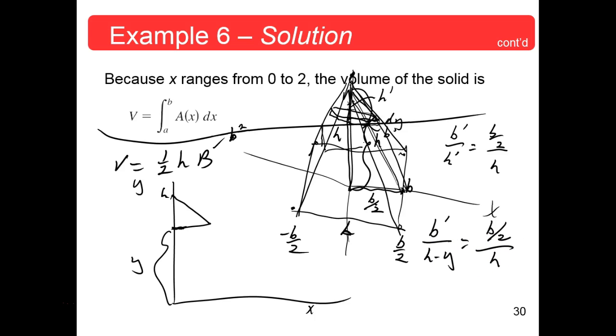That ratio is the same. So that means that b prime is equal to, let's simplify this as much as possible, b over 2h, that's what that becomes, times h minus y.